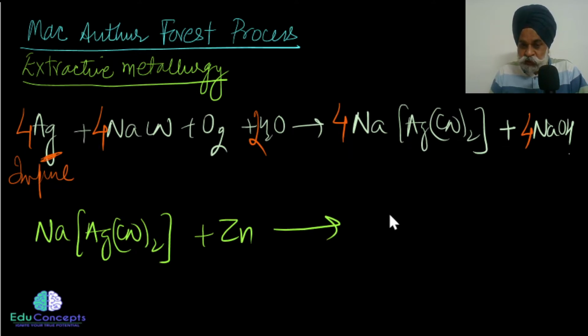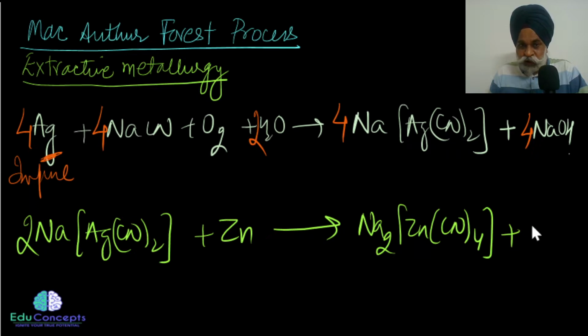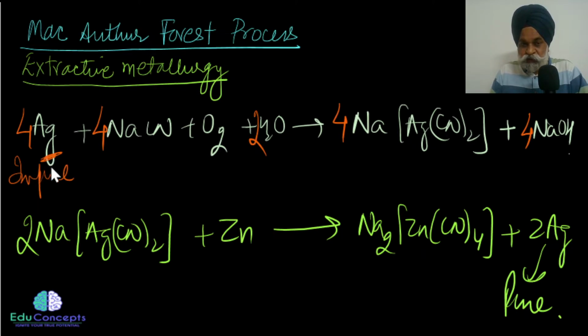Zinc goes into the coordination sphere, and here I should be taking 2 moles of it, giving Na2[Zn(CN)4], so this is the pure silver which you get. Pure in the sense it got leached, the impurities get removed, and you get almost 97-98% pure silver. Thereafter, if you want to make it very pure, electrolytic refining can be used for this purification.